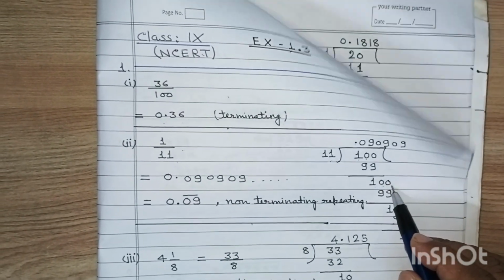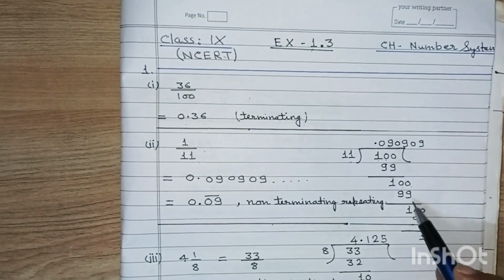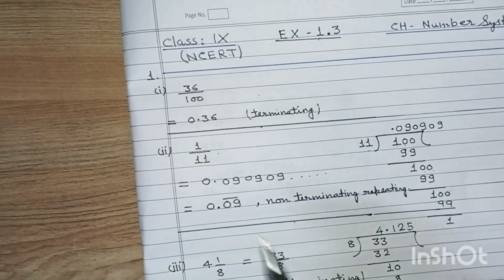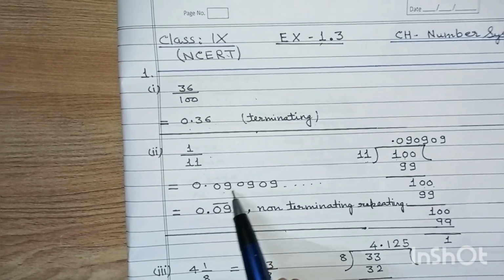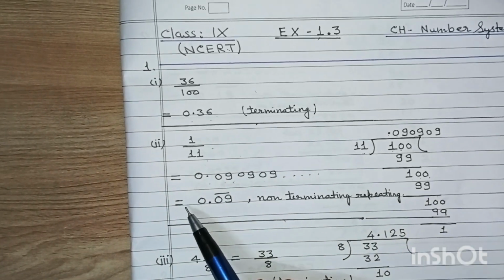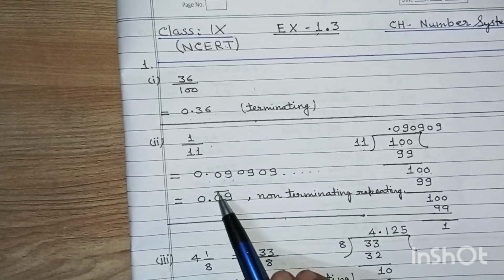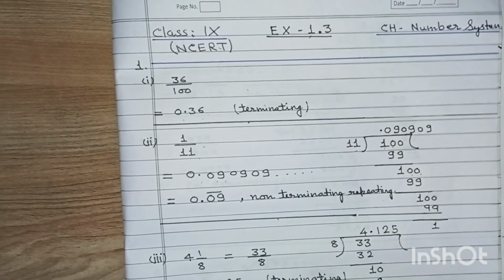One more 0. 100, divisible. 11 nines are 99. 1 and so on. So 1 upon 11 is equal to 0.090909, equals 0.09 bar, non-terminating, repeating, so it is rational.